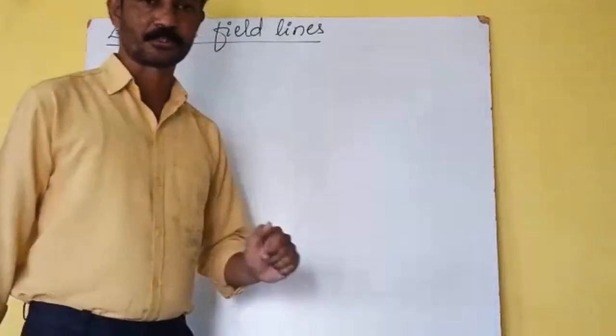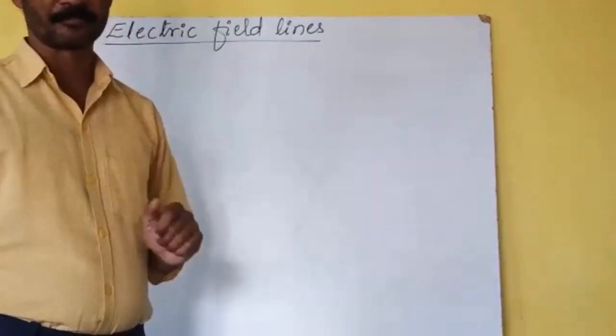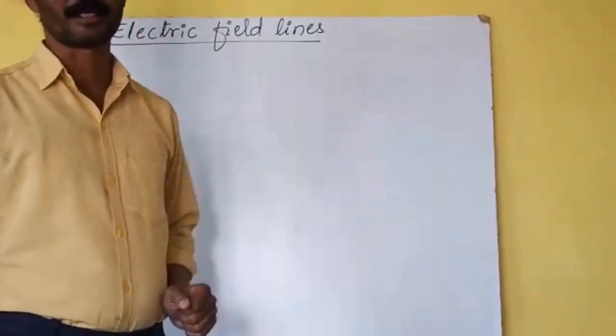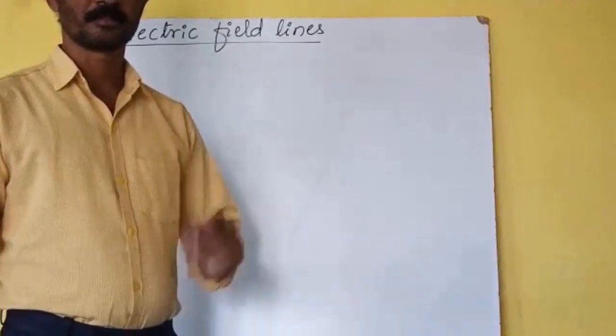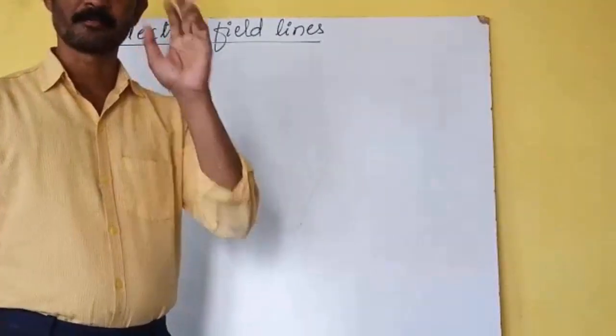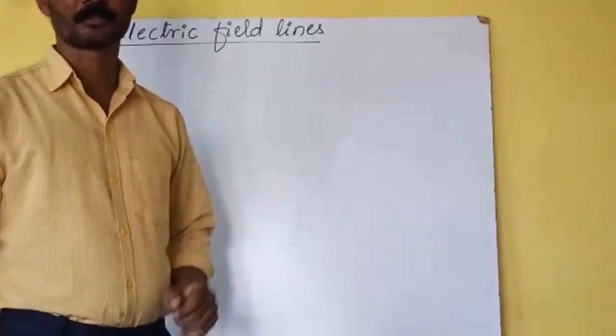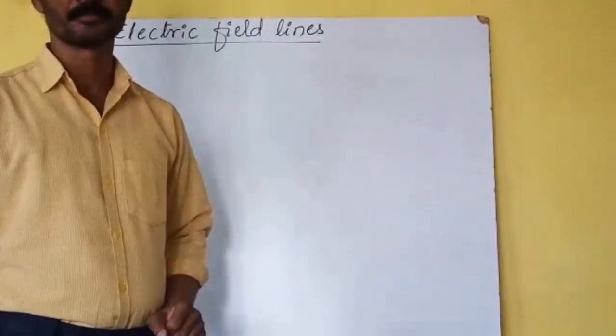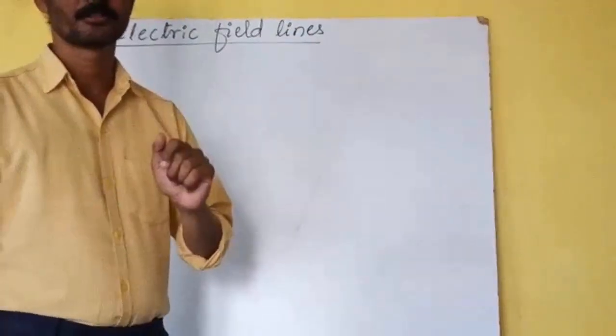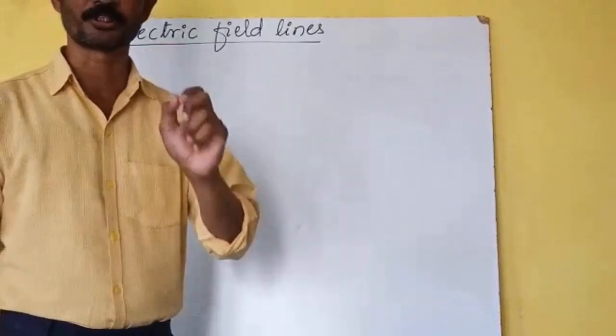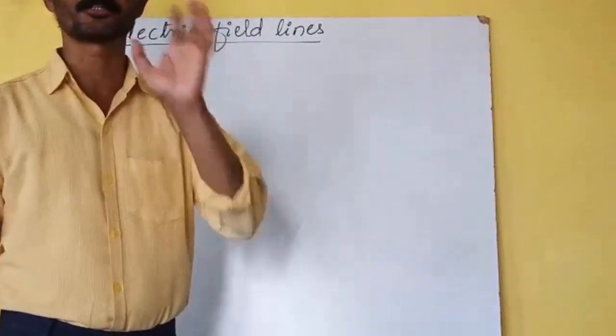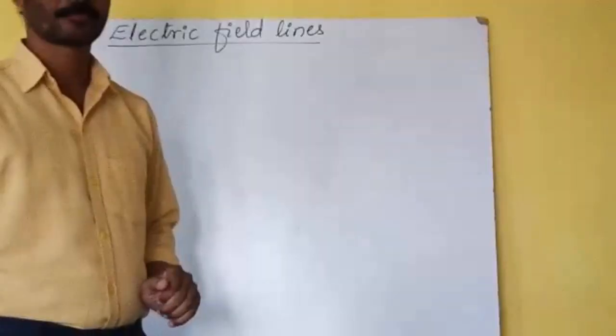Now see the definition of an electric field line. An electric field line is an imaginary path drawn in the electric field along which a positive test charge tends to move.